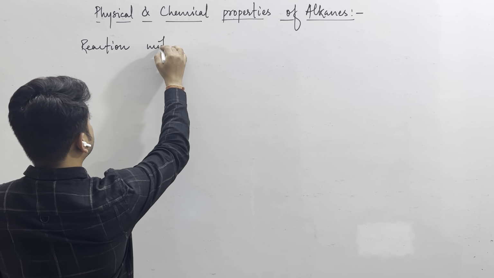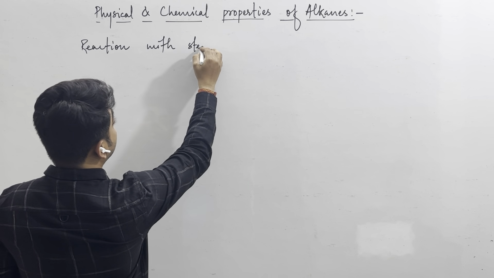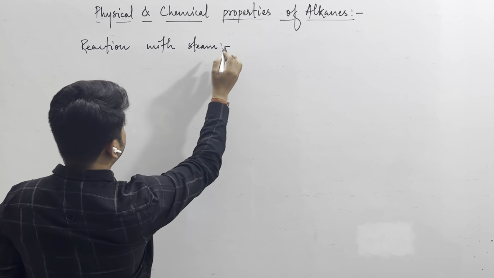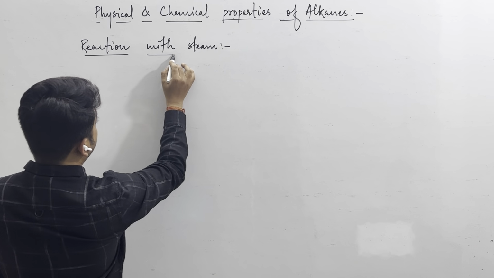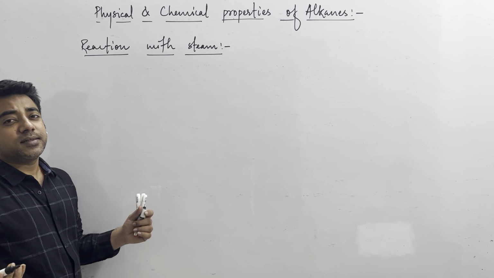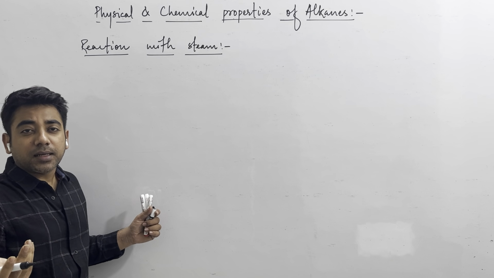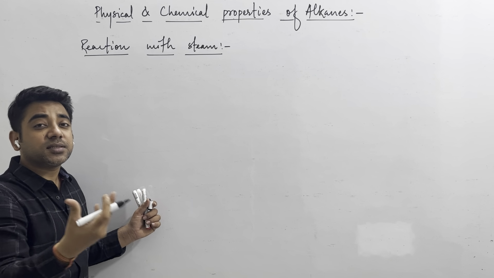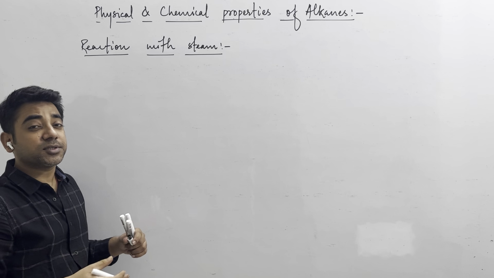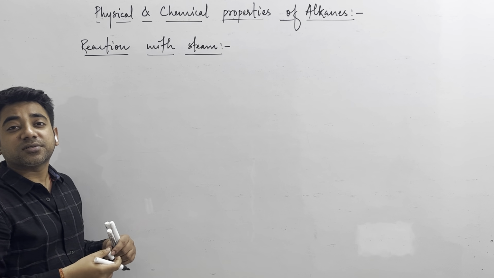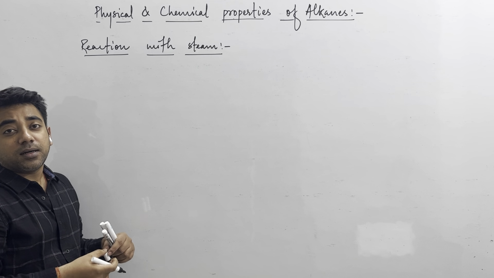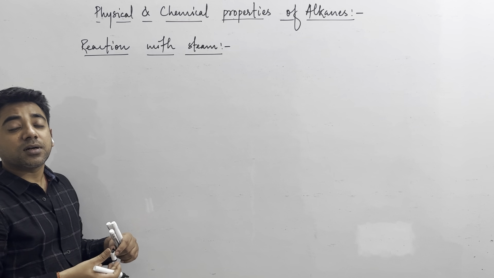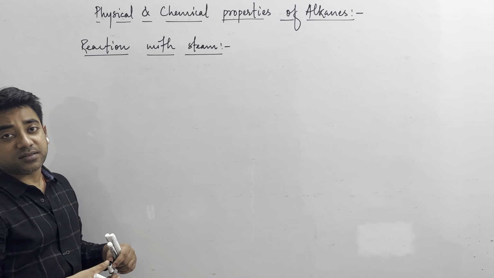However, this reaction I feel is quite familiar to you. A reaction with steam, somewhere you have learnt in the hydrogen chapter in term 1. And the reaction is like, alkane when heated with steam at a very high temperature, around 1273 Kelvin, gives carbon monoxide and hydrogen as the product.